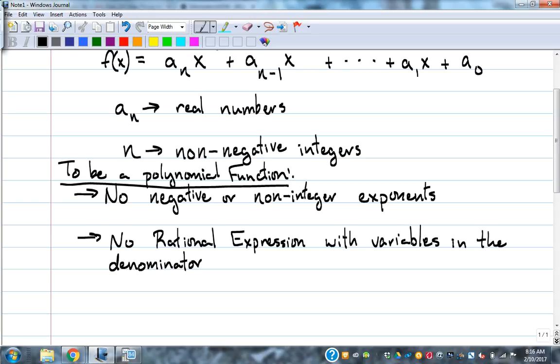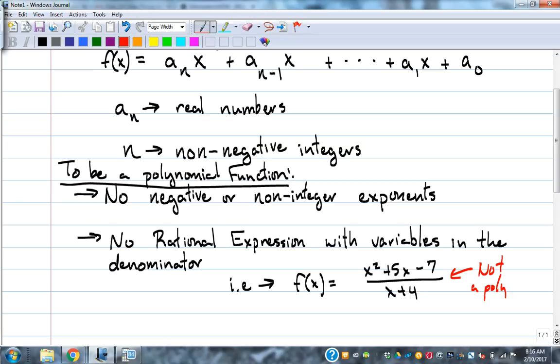It's got a denominator, it's a fraction. Example of that, f of x is equal to x squared plus 5x minus 7 over x plus 4. Not a polynomial. So no variables in the denominator. Variables in the denominator really are created by negative exponents, so that's the reason they don't exist there.